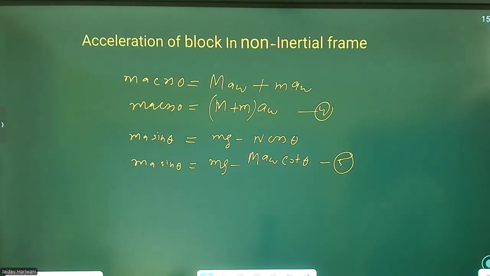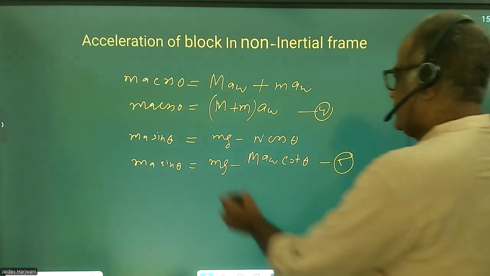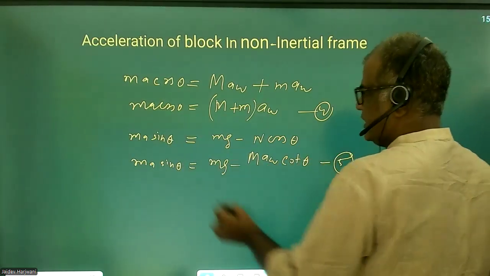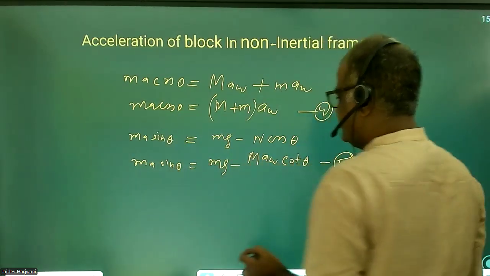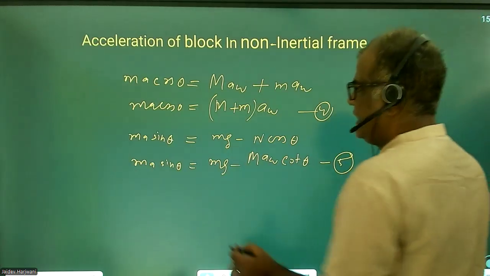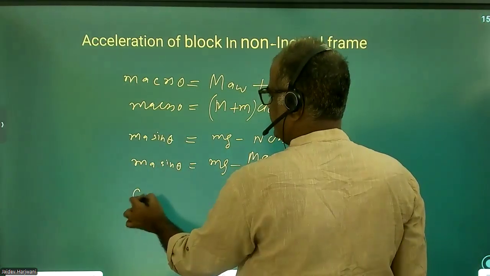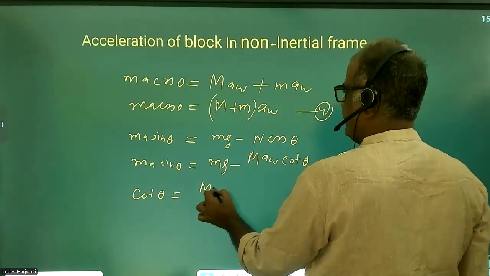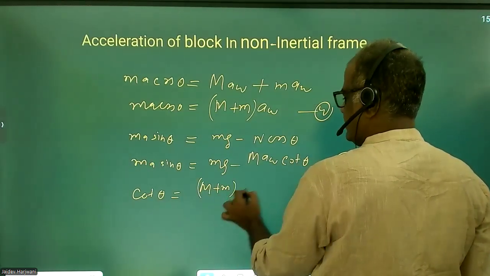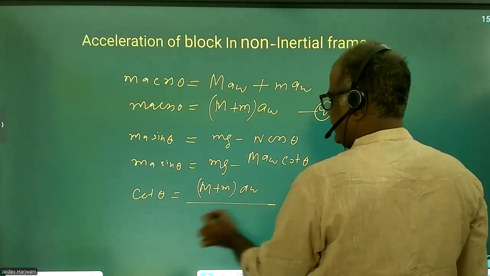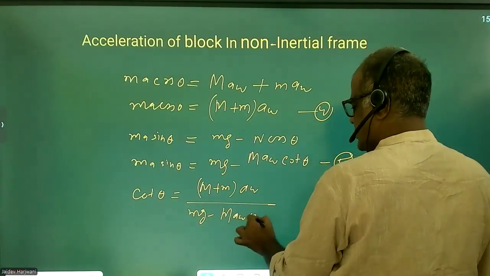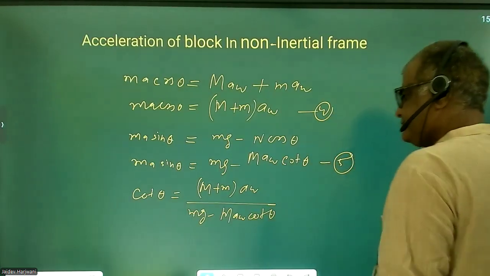Now let us solve these two equations. I can divide these two equations. So m a will be cancelled, and this will be simply cot theta, and this will be (M plus m) a_w upon mg minus M a_w cot theta.